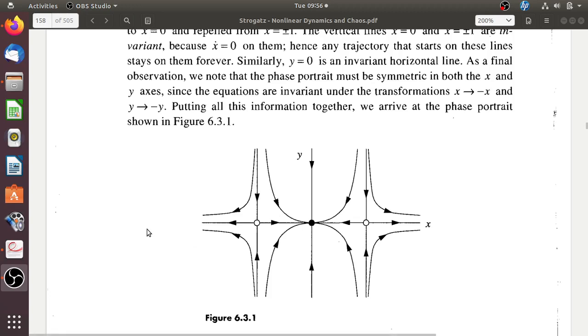From this picture I can say that if my initial condition is somewhere in this region, maybe near this line, or anywhere very far from the x-axis, then y will dominate until it reaches very near the x-axis, and after that x will dominate, and finally it will approach this fixed point. The same goes for other places as well.